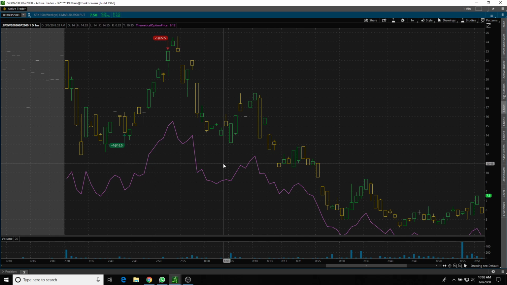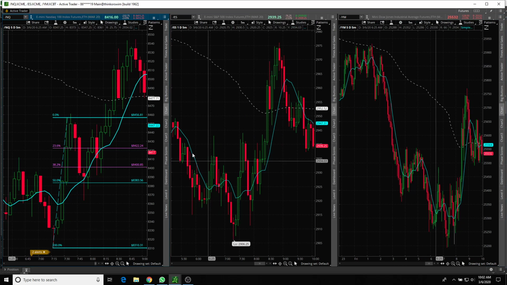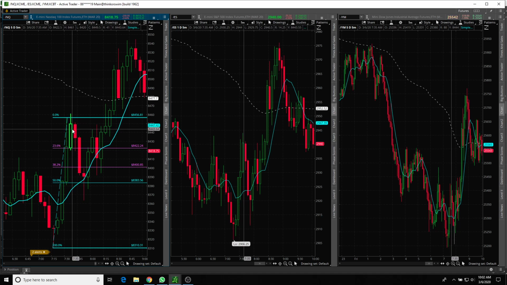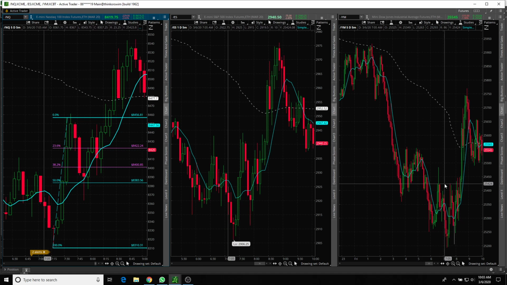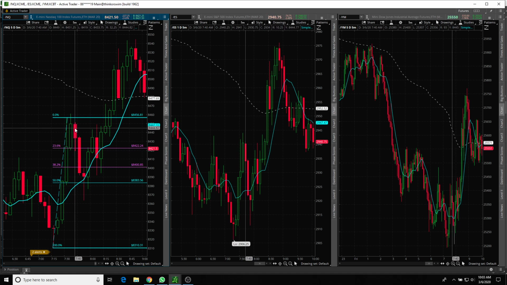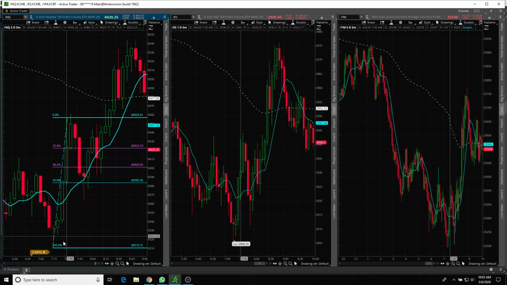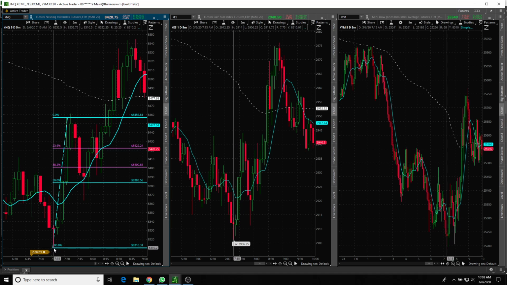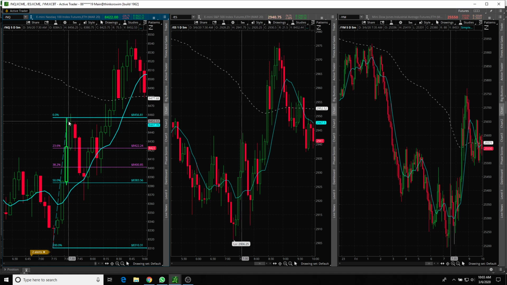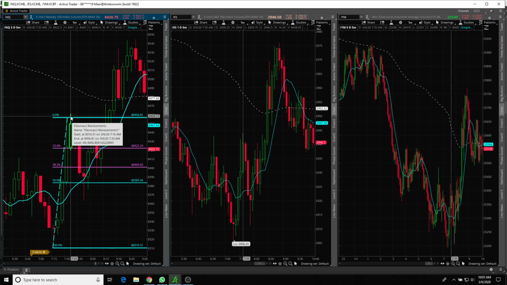So when price started reversing on the NASDAQ in this area, price also started reversing on the E-mini S&P 500 and on the Dow. So at this point, what I did was I drew a Fibonacci line from the 715 mark up to approximately the high of the 735 mark.